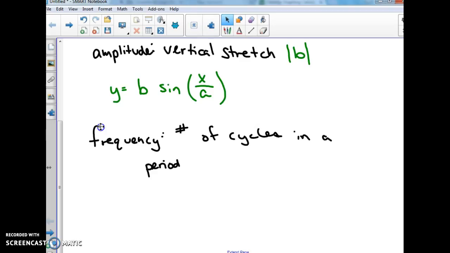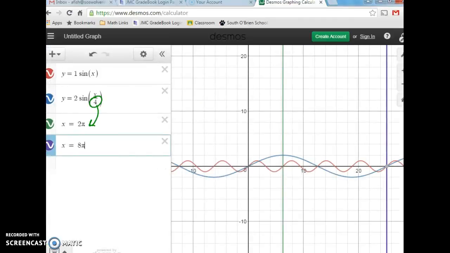And this is when you're comparing two graphs. So if I look at the ones that I showed you, going from the blue one to the red one, I can see here that I've had 1, 2, 3, 4. I've had 4 cycles in one period length of the blue graph.